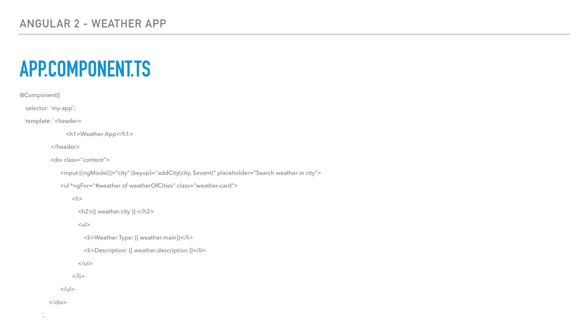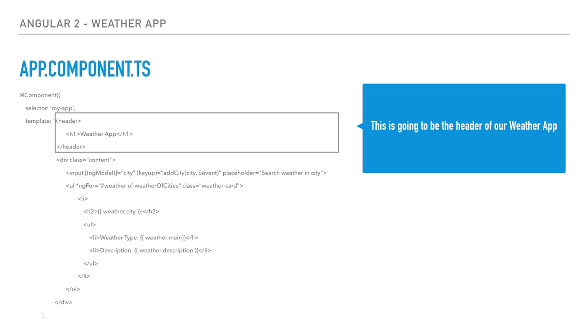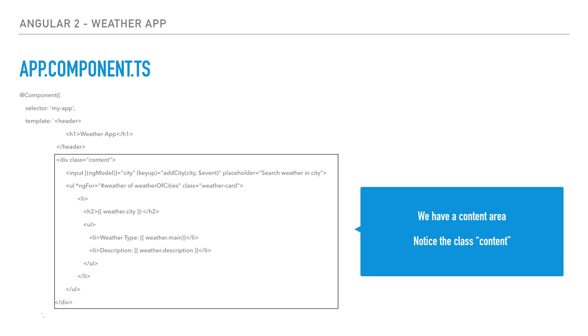In our app component, we will refactor the template a little bit. So now we will have a header part. This is where we will say, okay, this is a weather app, this is the title of our project, and then we will have a content area, notice the class content, and this is where we will put the input and all the unordered list with the weather of the cities.